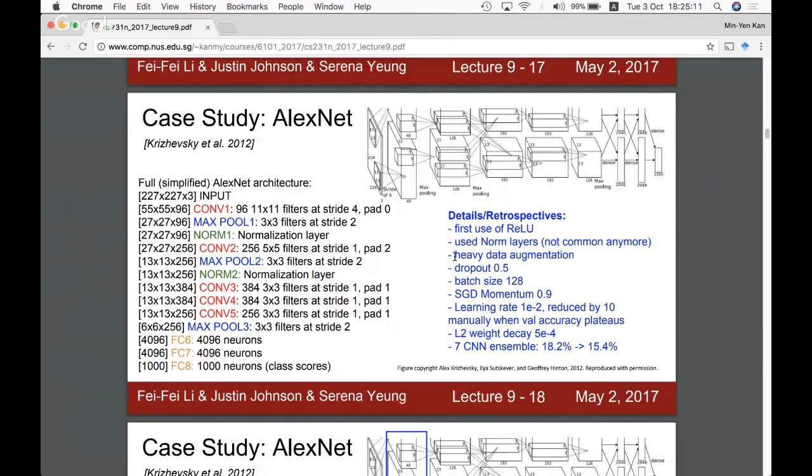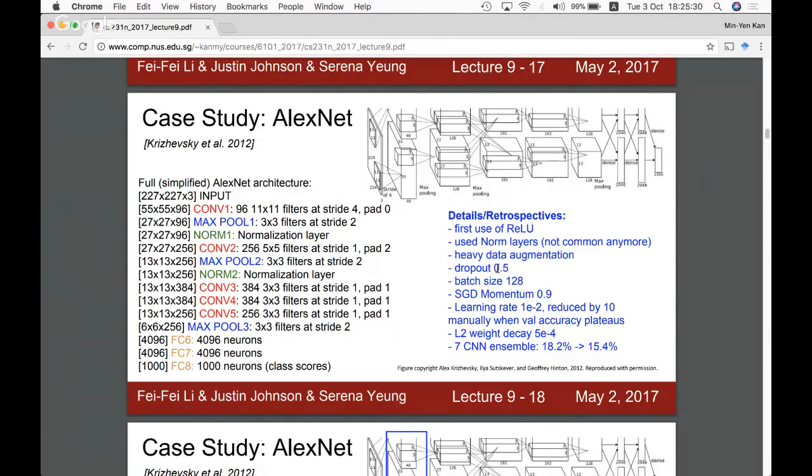And the second is to alter the intensity of the RGB channels of the input image, which you can see in the AlexNet paper.